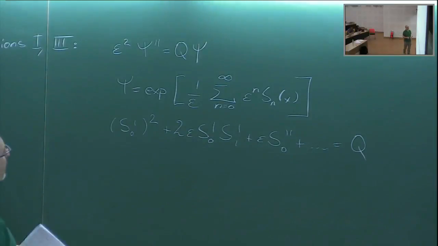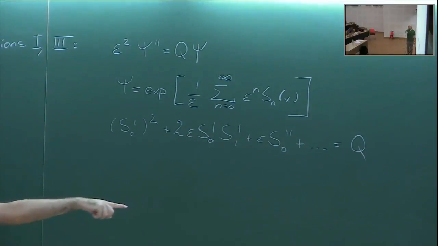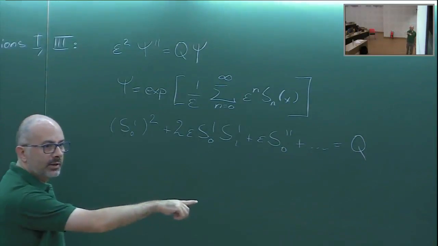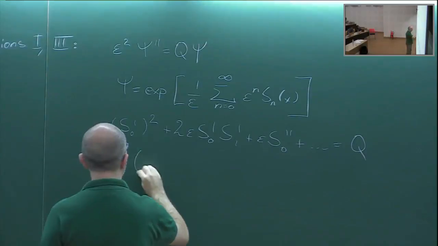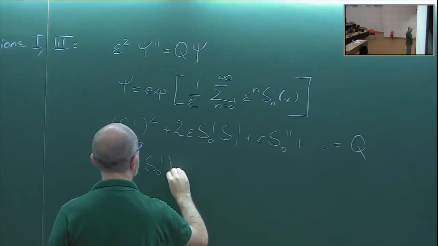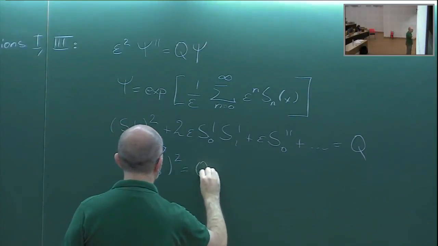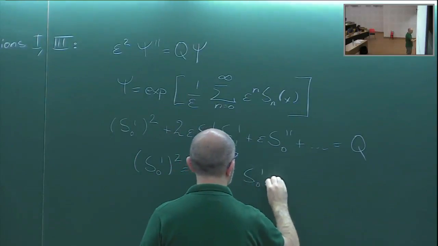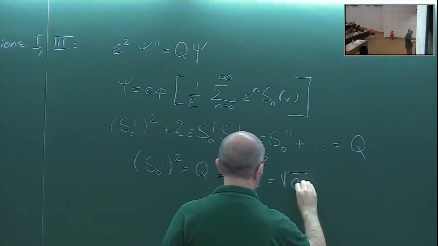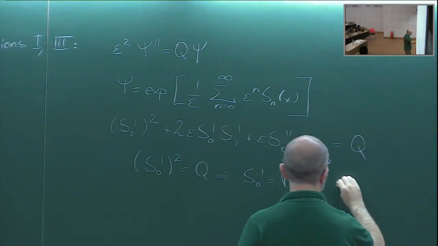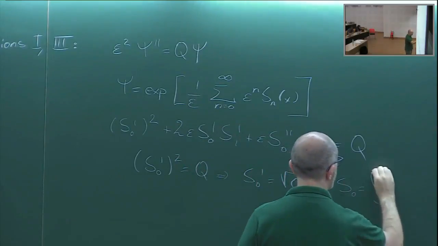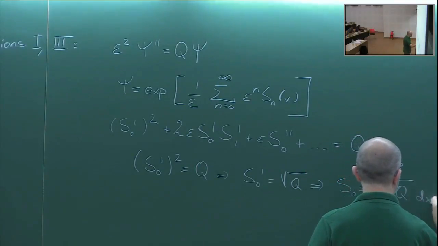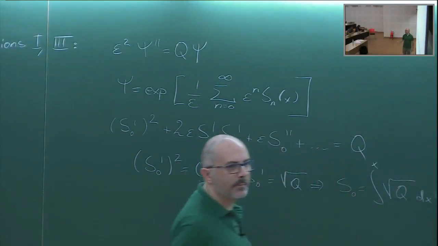So if you solve this differential equation at leading order in epsilon, you have that S naught prime squared is equal to Q. It tells you that S naught prime is equal to square root of Q, or that S naught is equal to the integral of square root of Q in dx prime up to x, let's say.